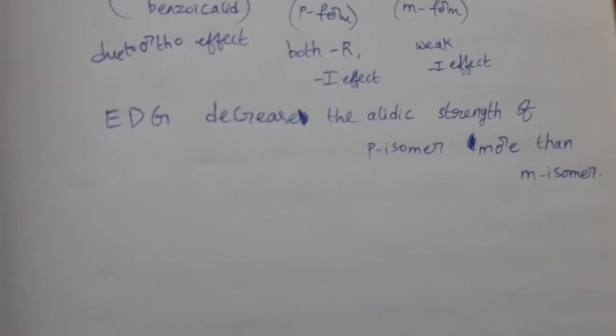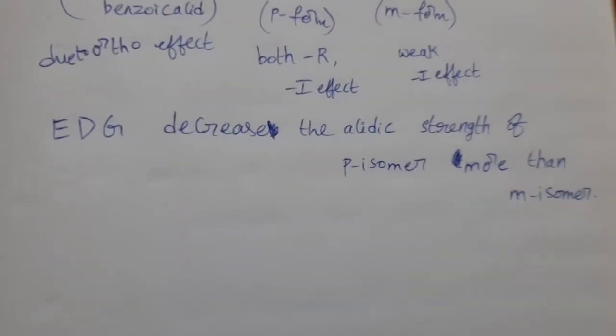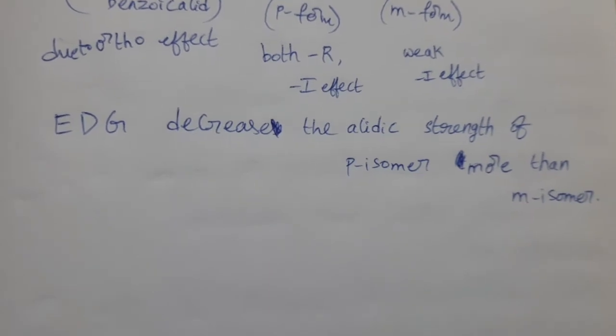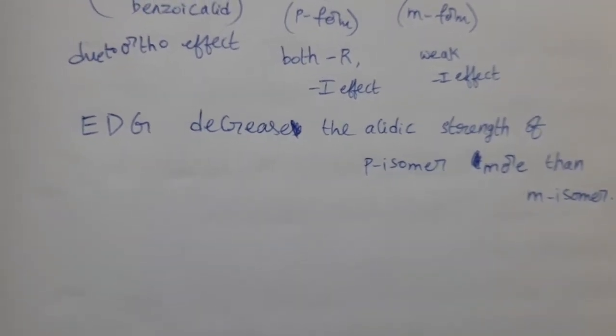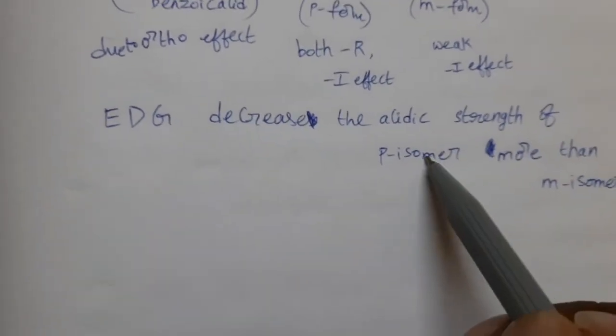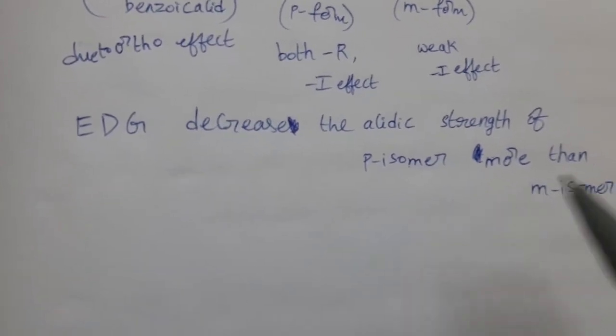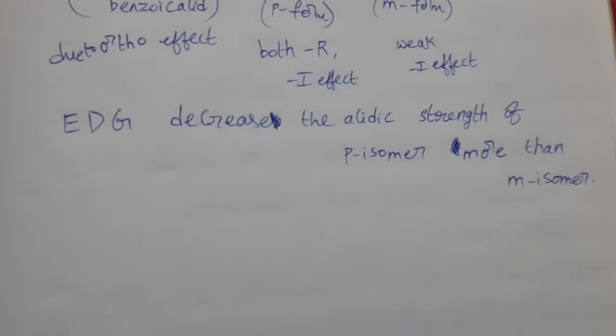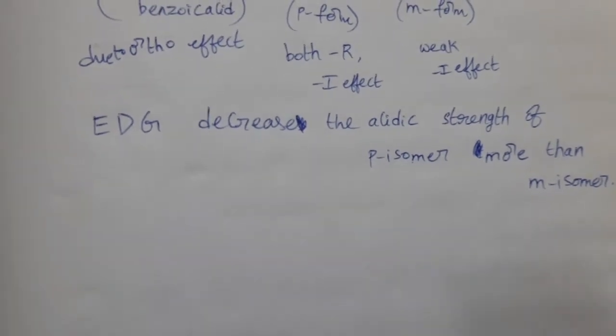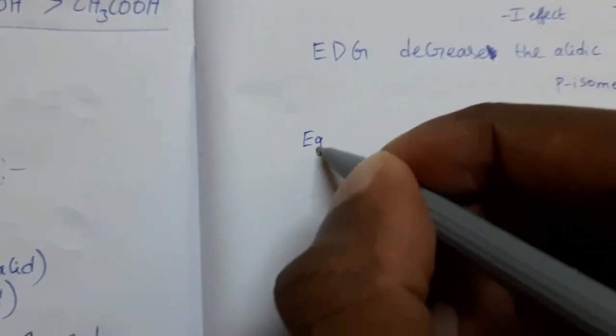Already we know that electron donating groups decrease the acidic strength of the para isomer and meta isomer. In these two forms, the para isomer's acidic strength is decreased more than the meta isomer's. That means meta isomer is more acidic than para isomer. See the example here also.